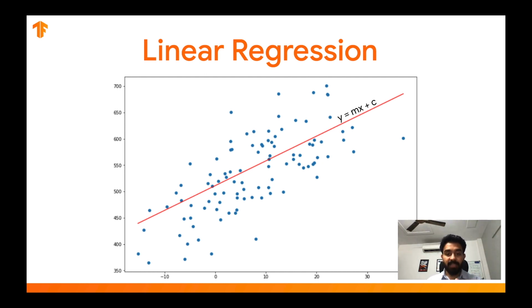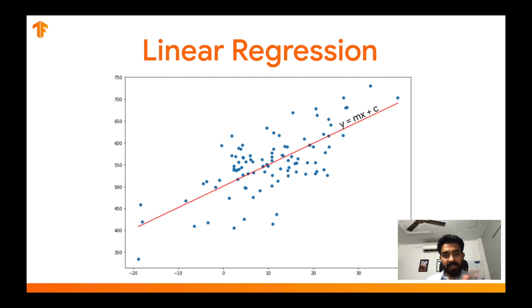You see, this is a better fit, and then this is the final line for this particular data set. This is what is happening across different epochs or training iterations. So at last it learns the best possible values of m and c. How do you do that? Let's talk about that.